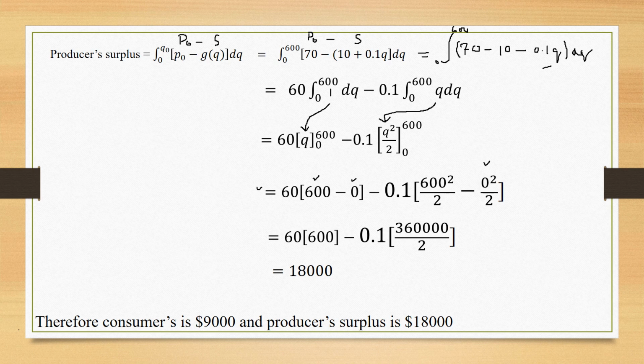After calculation, the producer surplus is equal to 18,000. Therefore the consumer surplus is equal to $9,000, and the producer surplus is equal to $18,000. Okay, thank you very much, my dear student.